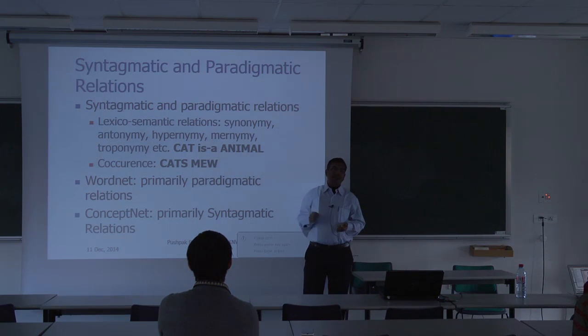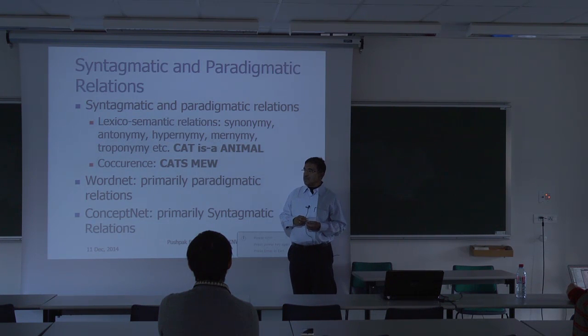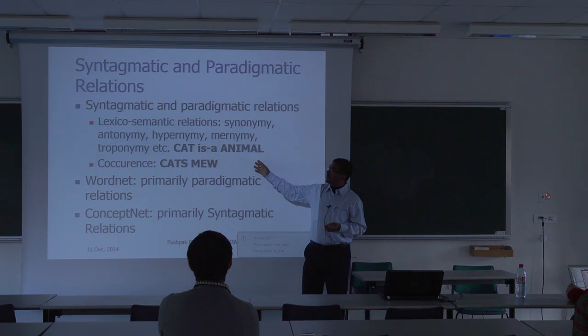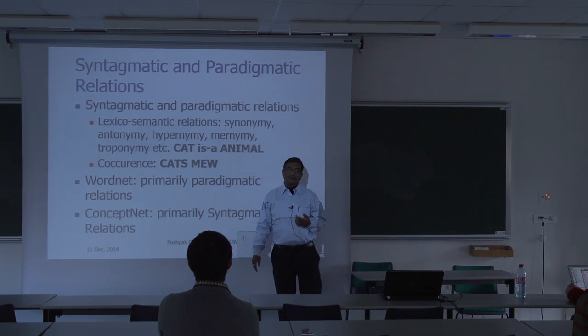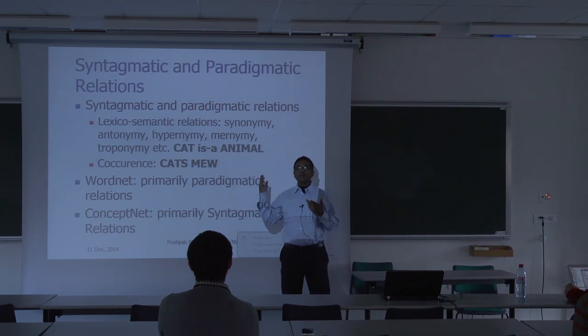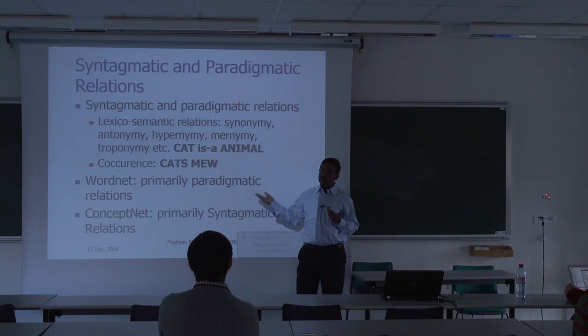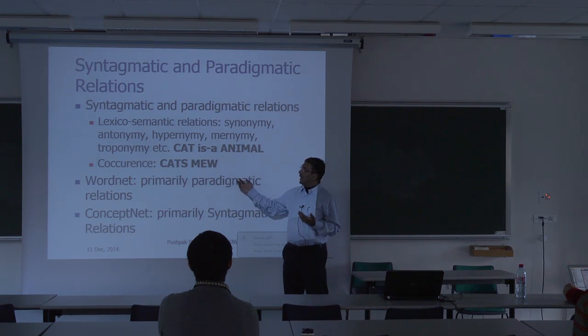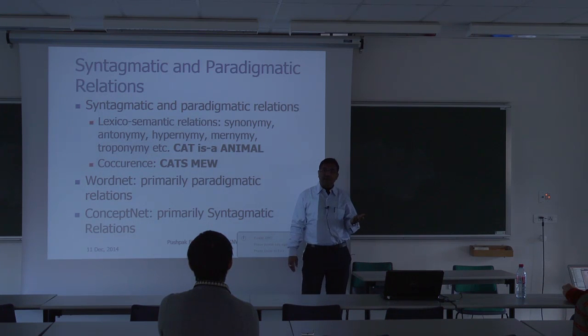This is a very interesting psycholinguistic experiment, that half of the words come from co-occurrence, and half of the words come to our mind from paradigmatic association. And maybe this is a universal fact about all languages. This is an interesting observation.